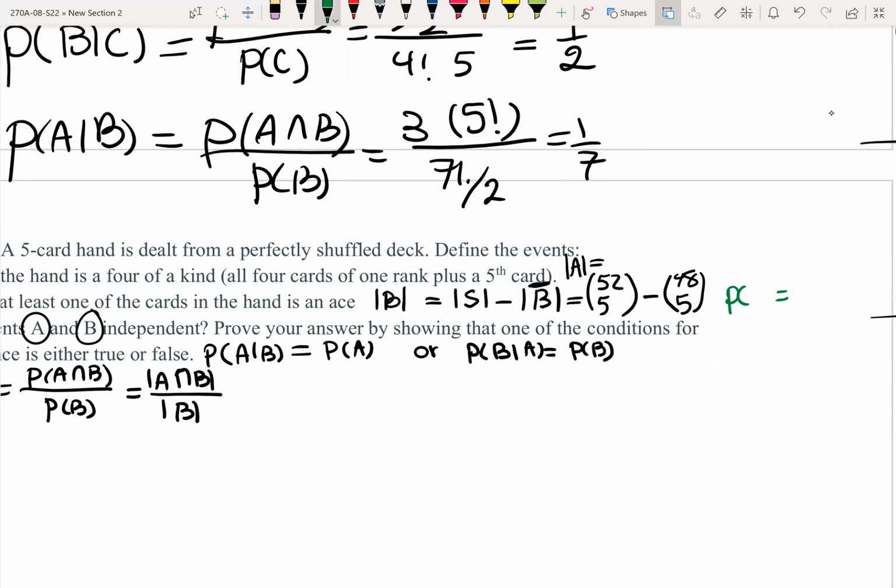Your probability of having at least one card of the ace is sample size minus none of them to be ace. That's what you write over here.